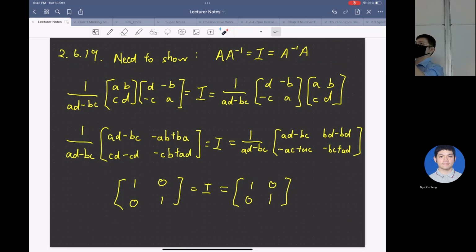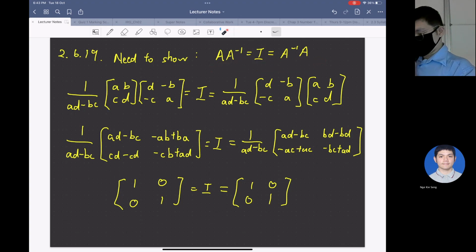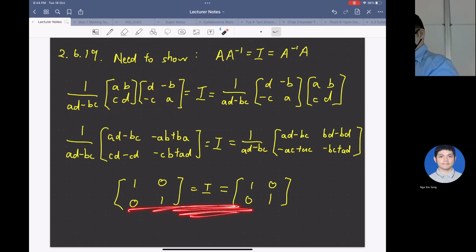It is very useful, not for this class, but for a lot of other things you want to do. This question is just asking you to show that it's an inverse, or satisfies this condition. So you just do the multiplication: first row first column, first row second column, second row first column, second row second column. And then you see that it's the identity.